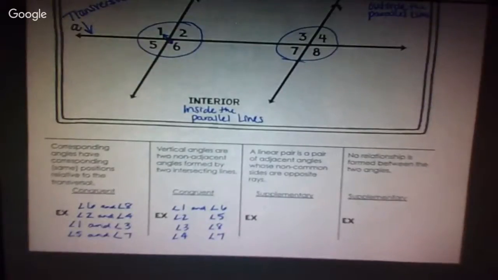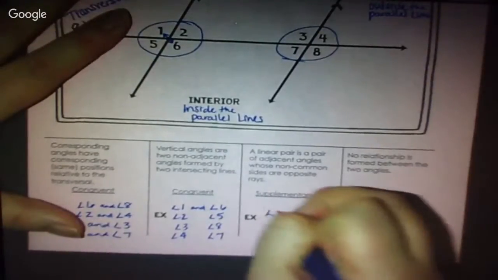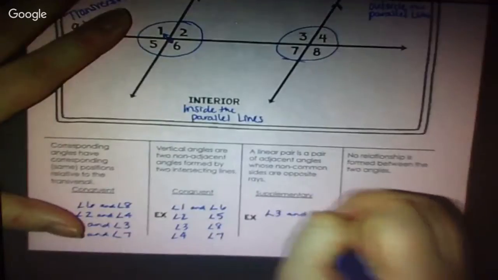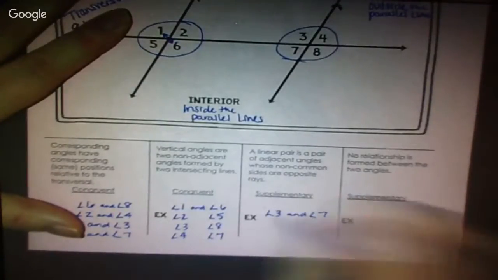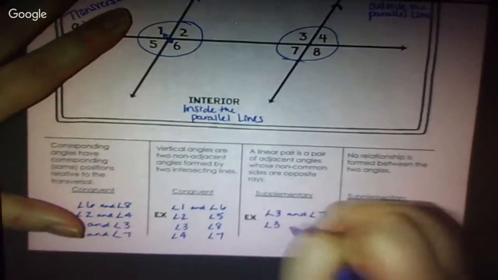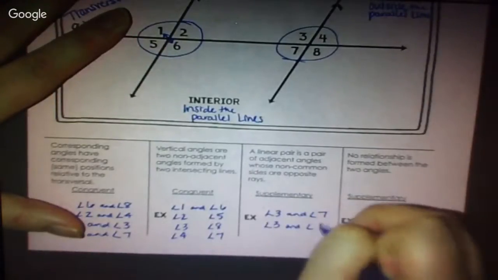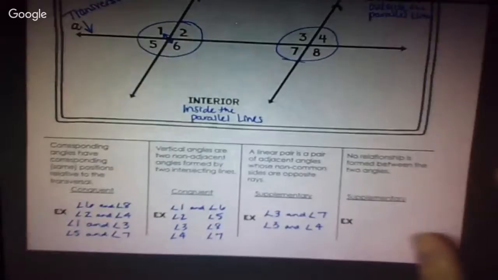There's a ton of them. So I'm going to list angle 3 and angle 7. And I'm going to list angle 3 and angle 4. So you can see that it can be up and down that create a line or left and right that create a line. They just have to create a line.